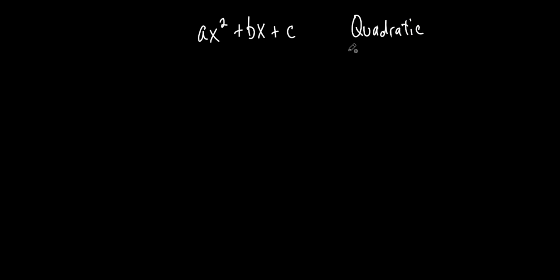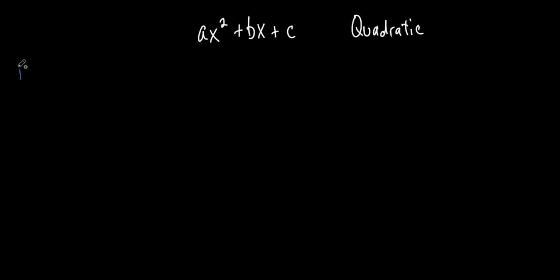We will very, very soon do a quadratic equation. But right now, this is just a quadratic polynomial or trinomial, right? It's three terms. We just call it a quadratic polynomial. It's not an equation, but we will very soon get to an equation. So if you have some number times x squared plus some number times x plus a constant, that's considered to be a quadratic.